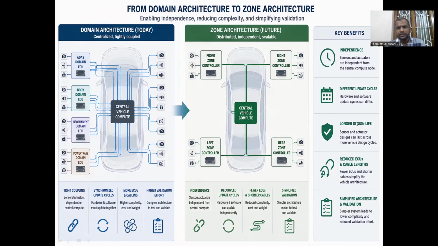As the number of controllers in the vehicle is reduced, we have a very lightweight network and limited cables. Then simplified validation: as the network is simplified, the validation effort is also minimized. Understood. So it is in that way.